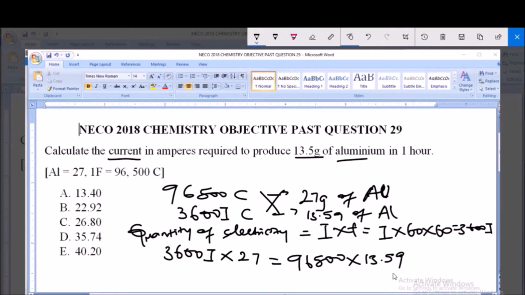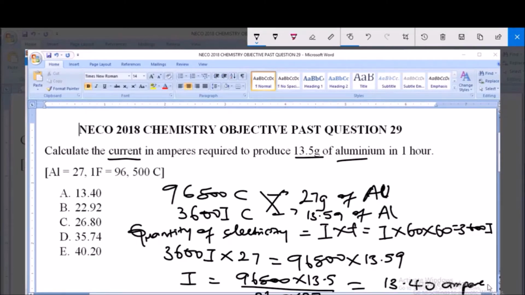Now from here we can see that I is equal to 96,500 multiplied by 13.5 all over 3,600 multiplied by 27, and this will give us 13.40 amperes. So the current in amperes required is 13.40 amperes, and that is option A.